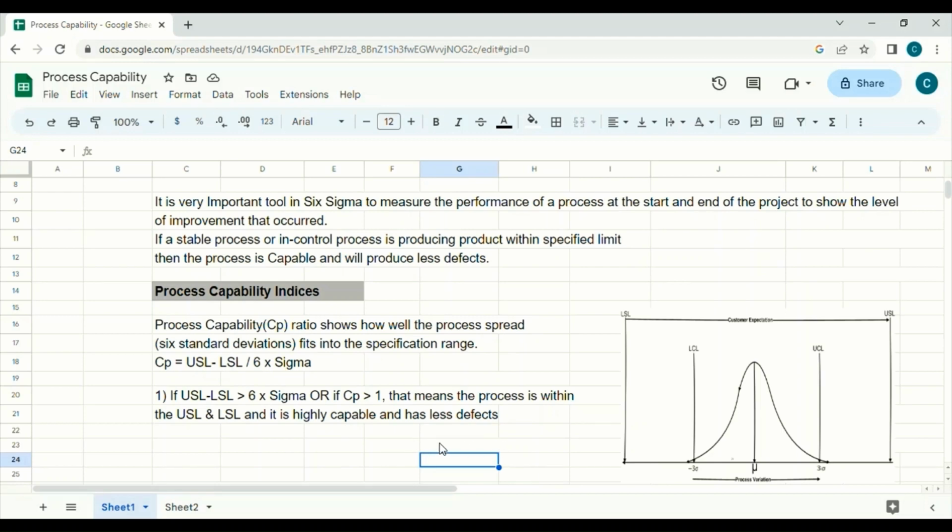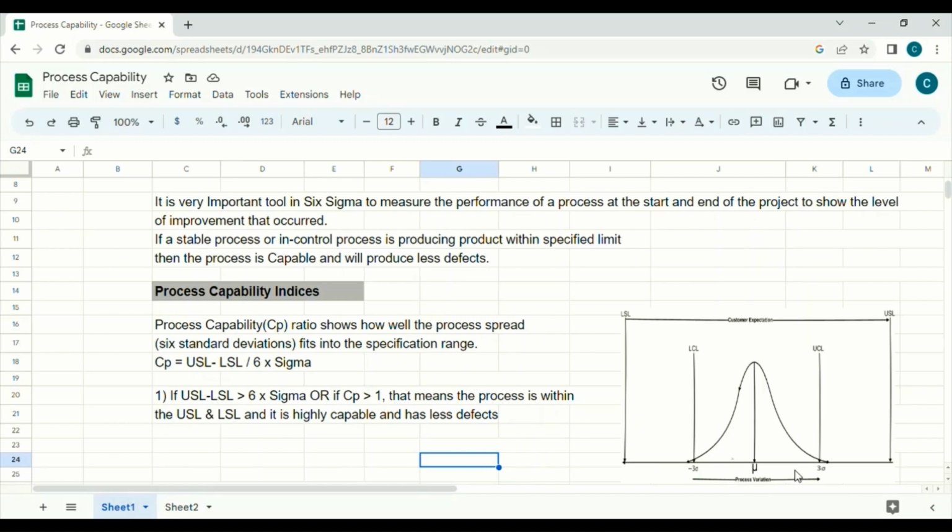First, there are three situations which we'll see. First one is if USL minus LSL is greater than 6 sigma. That means the specification limit, you can see in this figure, this is the specification limit or the customer's expectation or the customer's requirement, and this is the process spread or process variation.